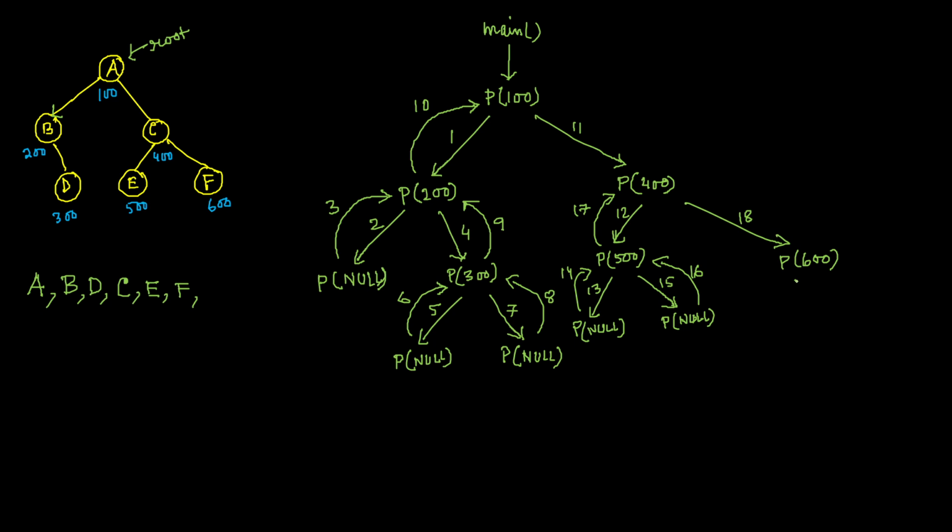After printing this, it will go to the left and find it is null. Since it is null, there is nothing to print. The condition will be valid at the beginning, so control returns back. And when control returns back, where will it return?